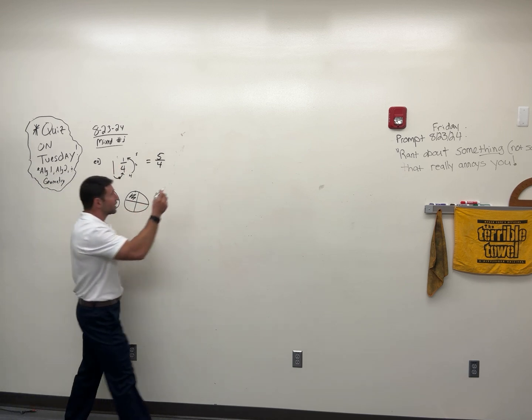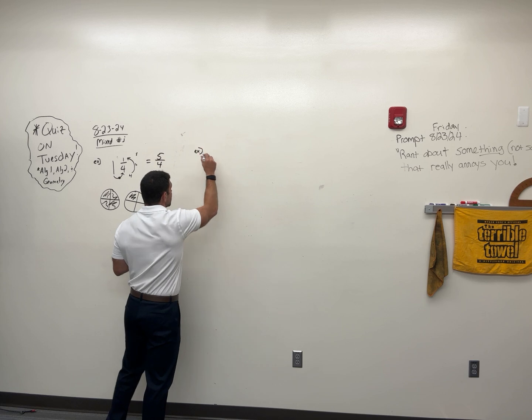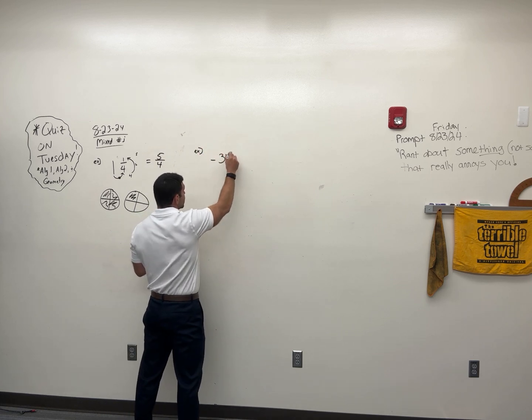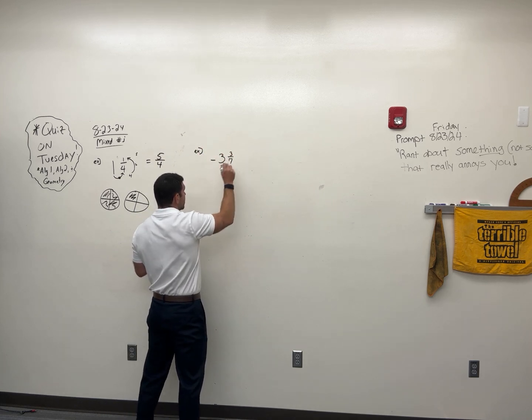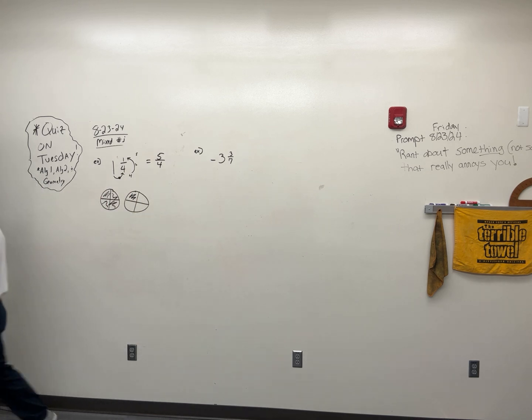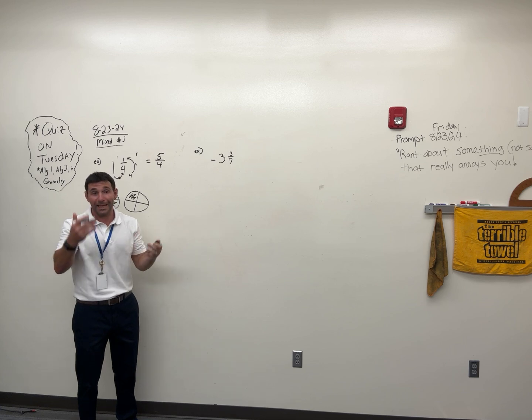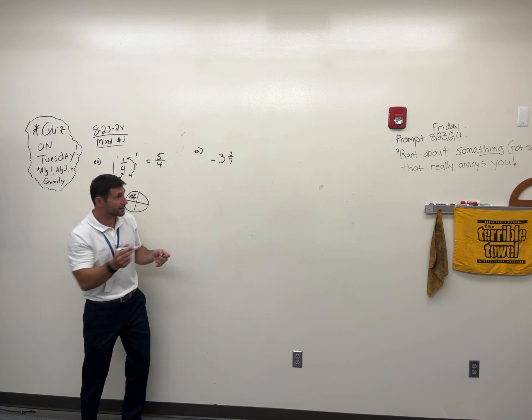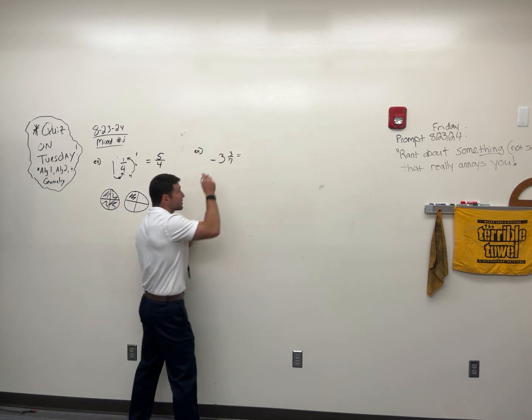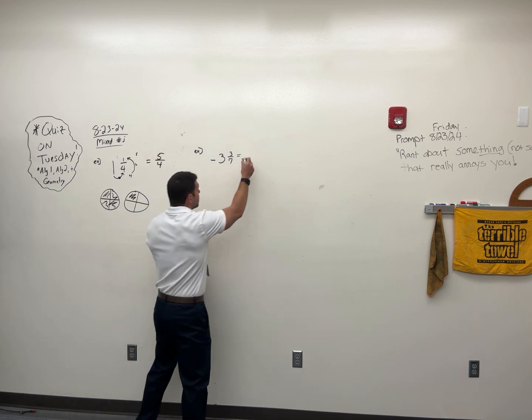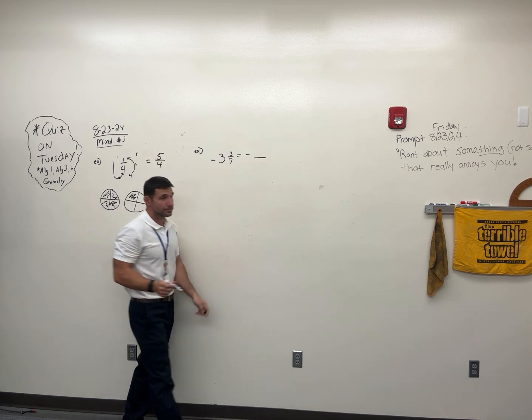Okay, so let's do another one. What if I have -3 and 3/7? Here's the thing: is my fraction negative? Yes. So would my answer still be negative? Yes. So I always start by saying, my fraction's negative, my answer is going to be a negative fraction.